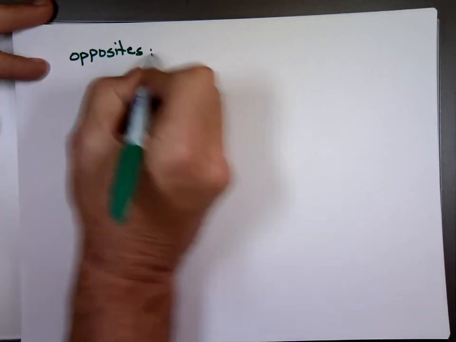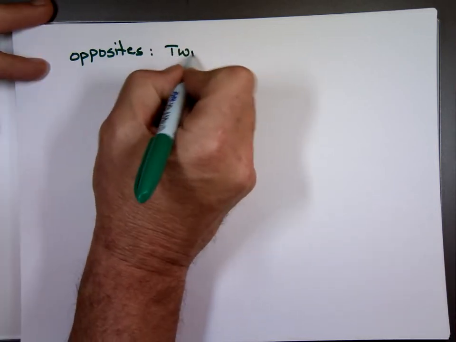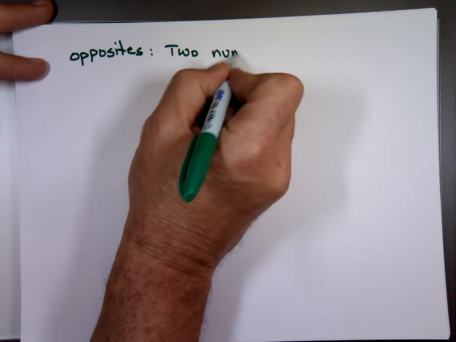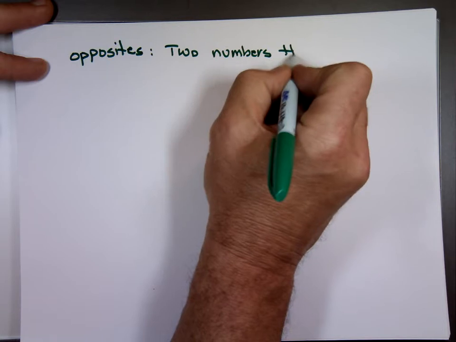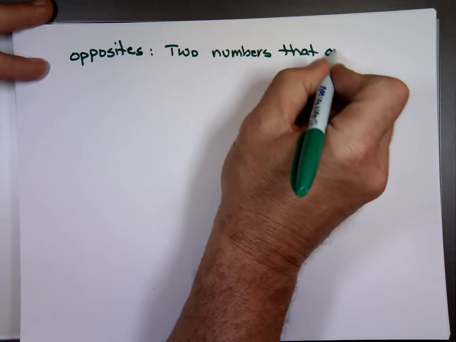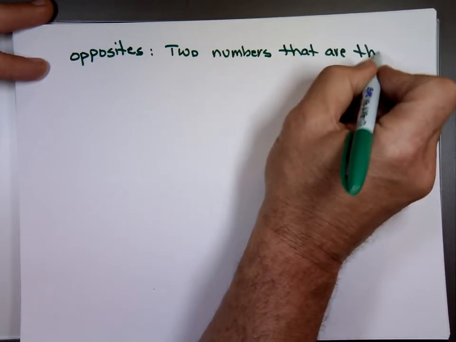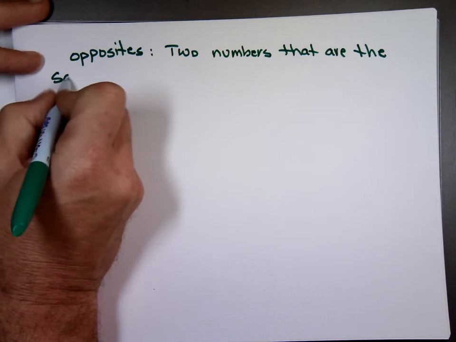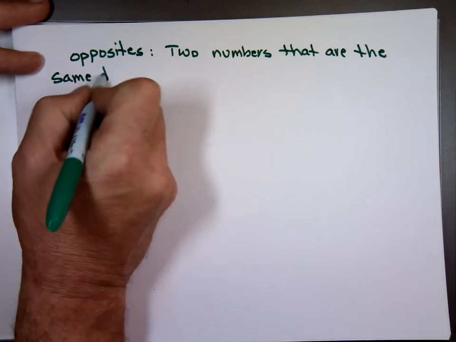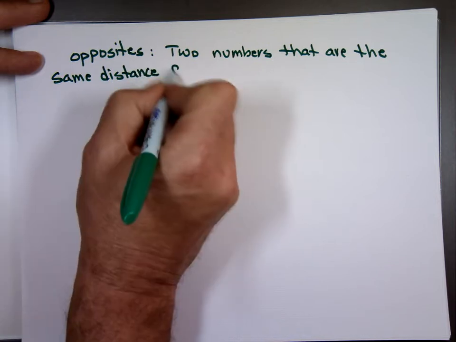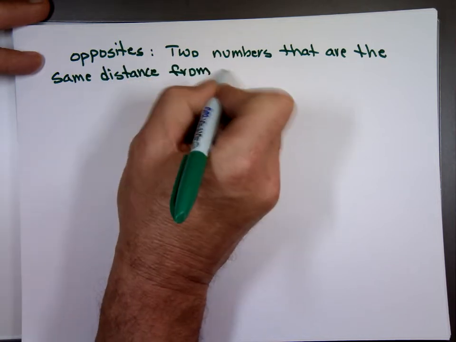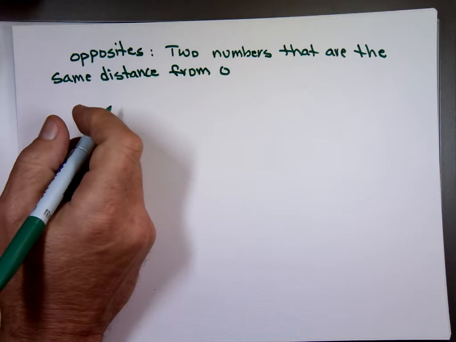The definition is really two numbers that are the same distance from 0, but that's not the only thing.